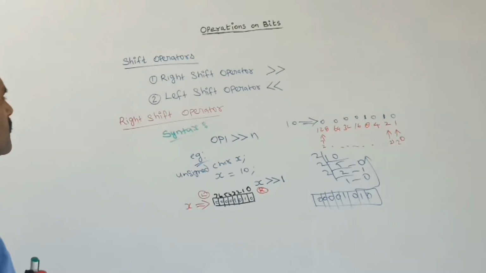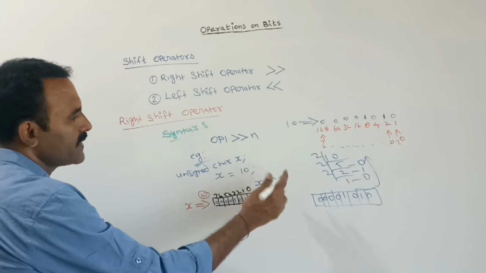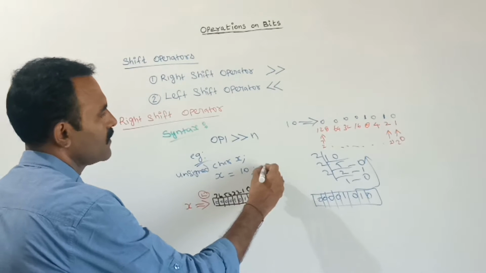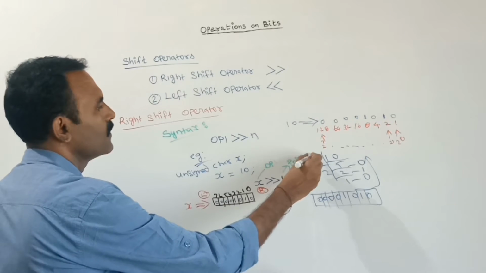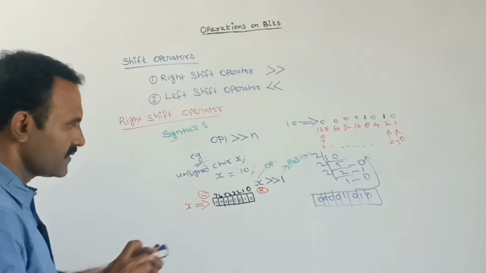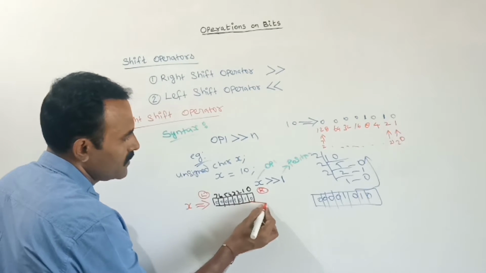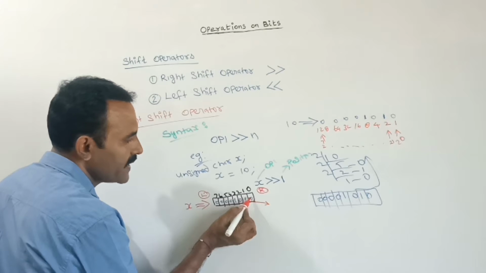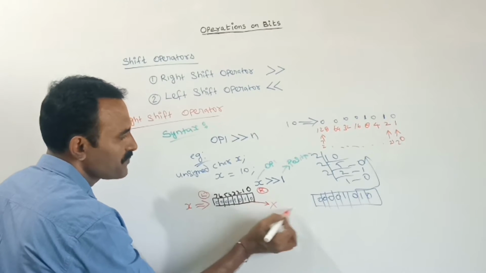Now we are going to see the right shift operation. For the right shift operation, each and every bit moves towards the right direction. This one is known as the operand, and this is known as the position. Here the number of positions is 1, so one position towards the right direction, because this is the right shift operator. The 0th value will be popped, that is removed, because there is no space.